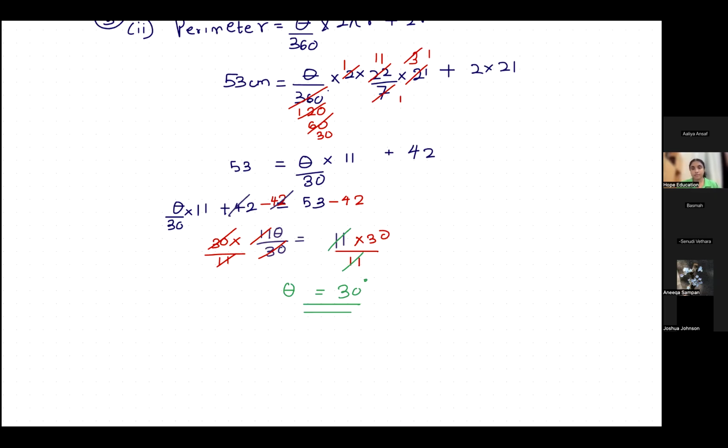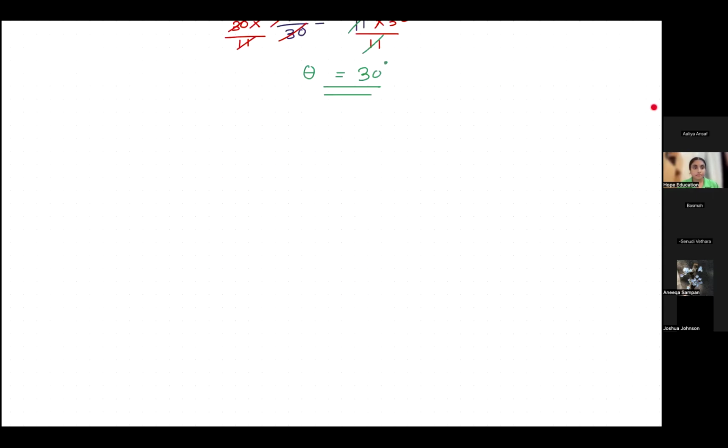1.3, the third one. Exercise 1.3, I have given you the third one. Let me get this question onto our whiteboard.